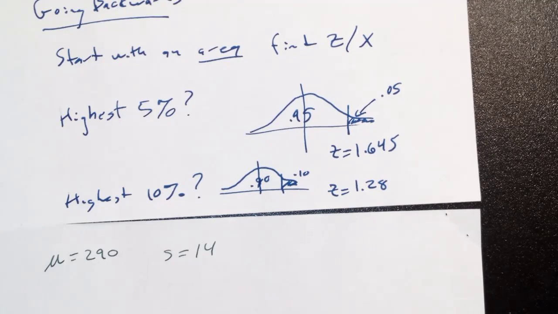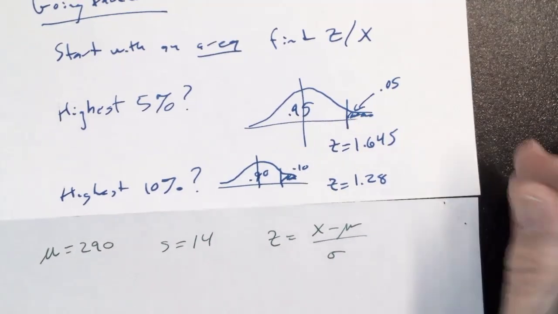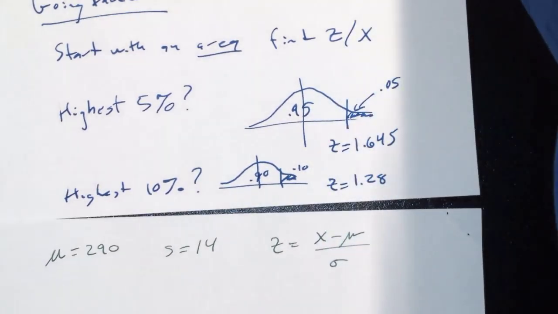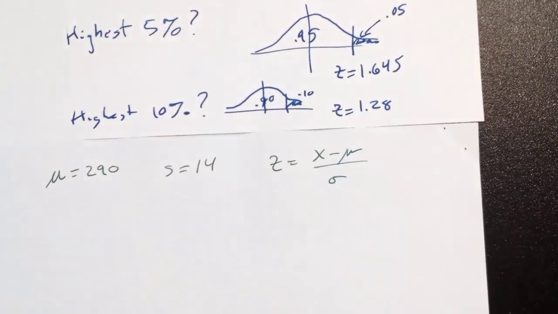So I need to switch from Z to X. I'm still going to use the exact same formula. Only now the number I know goes over here. So the fattiest 5%, the most calorically expensive Egg McMuffins, have a z-score of 1.645 or bigger.